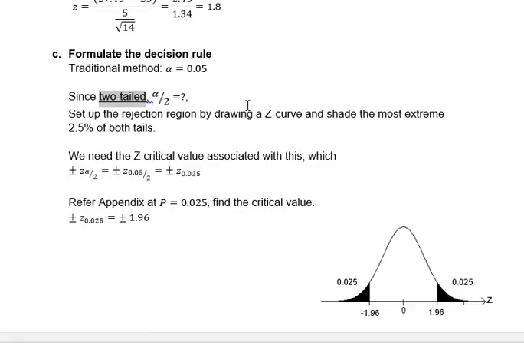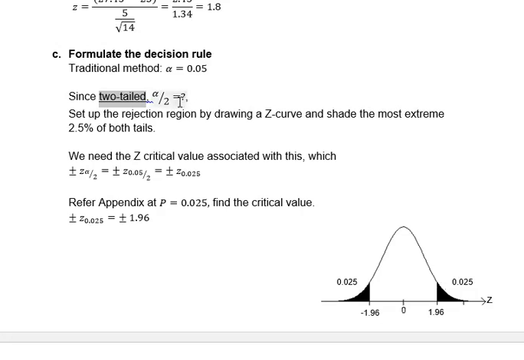You want to see non-directional. Non-directional means you don't bother to see the greater or the lesser, you just want to see that it's not equal. So it's a two-tail, non-directional test. When your symbol is not equal, it reflects a two-tail, which means non-directional hypothesis testing.